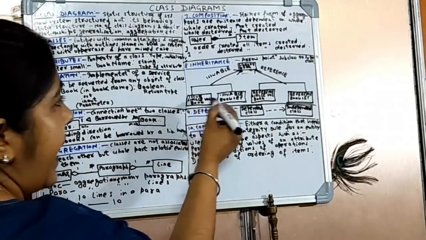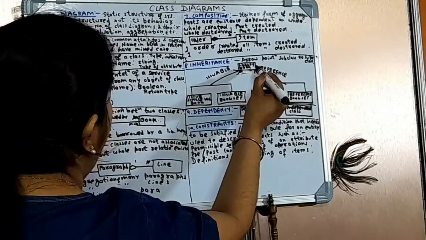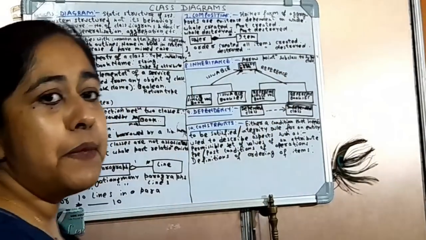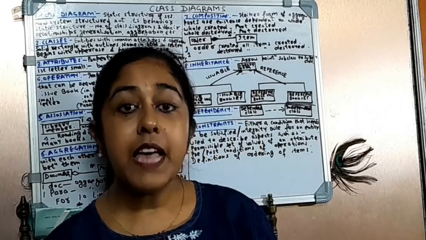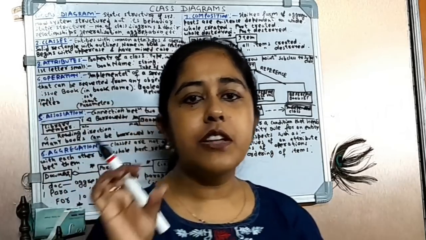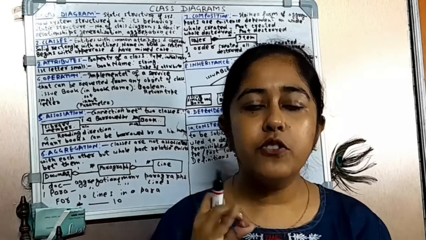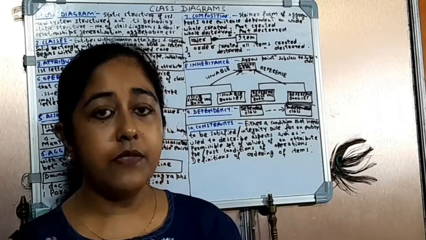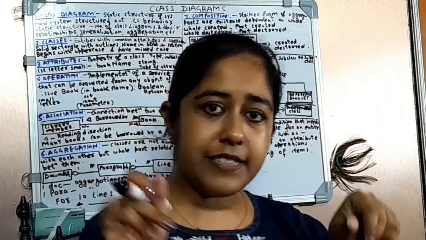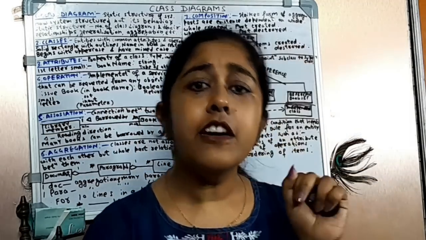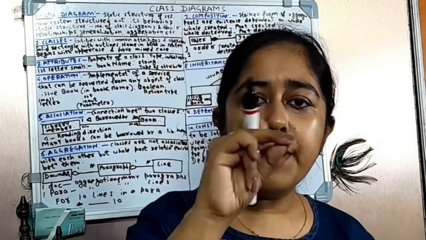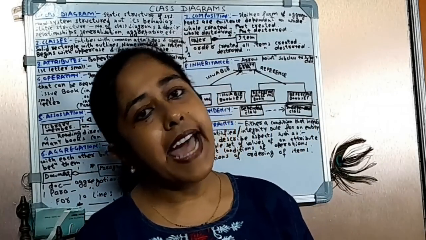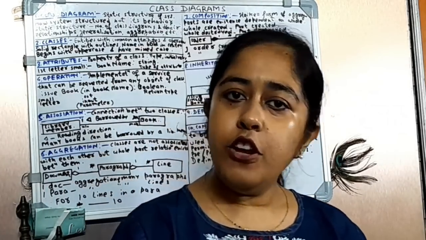Whenever we write the names of classes in a diagram, the first letter will be uppercase, then the other letters can be uppercase or lowercase.